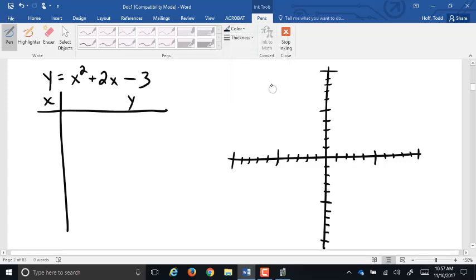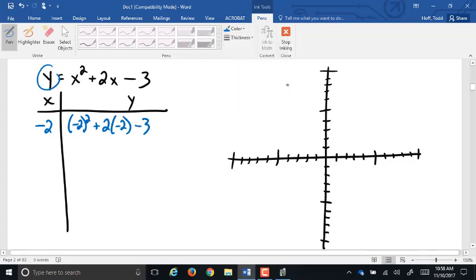So I'm going to start out with -2 again for x. Now, I didn't write in my other numbers because this might take a little space to do the rest of this. So then y is x squared, which is going to be -2 squared, plus 2 times x will be 2 times -2 minus 3.